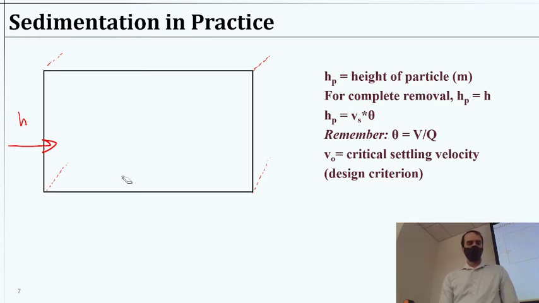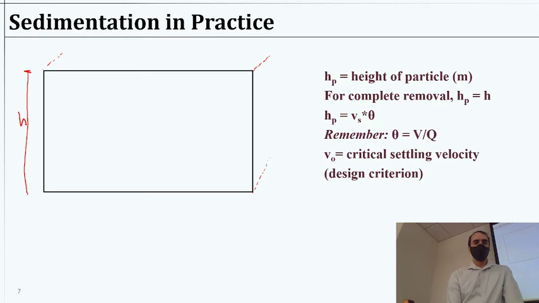What I want to focus on is simply the particles passing through this system. We have the total height of the system, H here. We have HP being the height of a given particle. A lot of times we'll say the particle that's at most risk of escaping, if we want to design a system to remove every single particle, then what we need to do is consider when the particle is at the top.